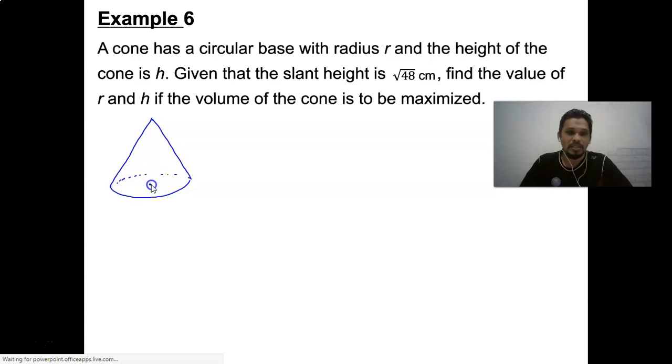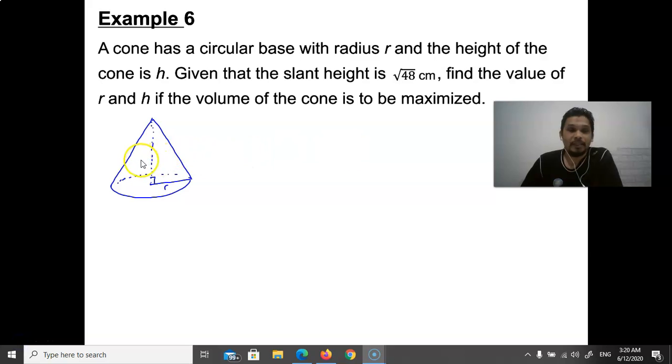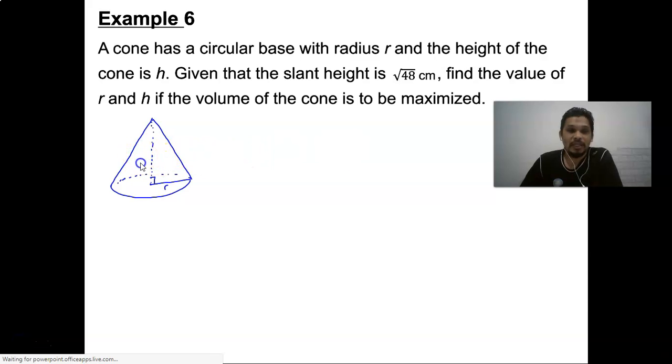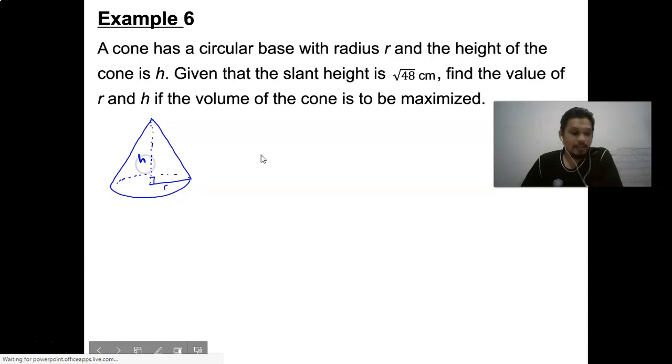And we got the center of the cone, and this is the radius, and from the center of the cone to the peak of this one here is a 90 degree. And given to us is the slant height.